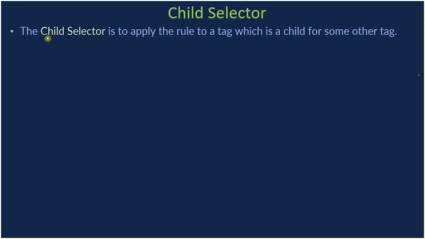So, child selector is to apply the rule to a tag which is child of some other tag, right? So, one will be the parent and another one will be the child. So we specify the parent in the selector and ask to select all the child.